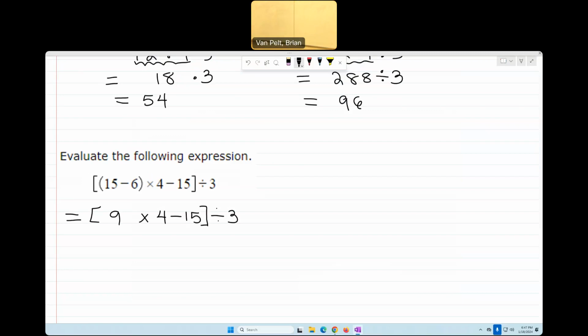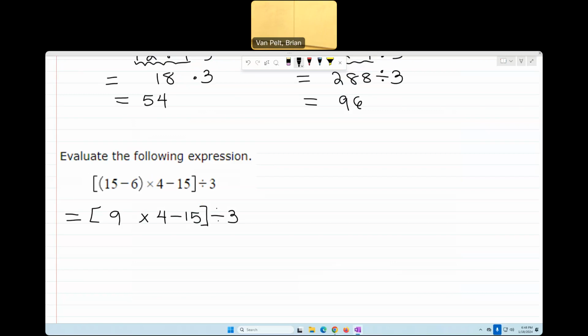Make note of what I did. The parentheses, since I have used them up, I've dropped them. Now they're not in the way anymore. I passed through step 1. Now we move on to step 2. As long as I've got stuff to do in the brackets, I'm not done with them. I have to finish every last thing inside the brackets before I walk away from them.